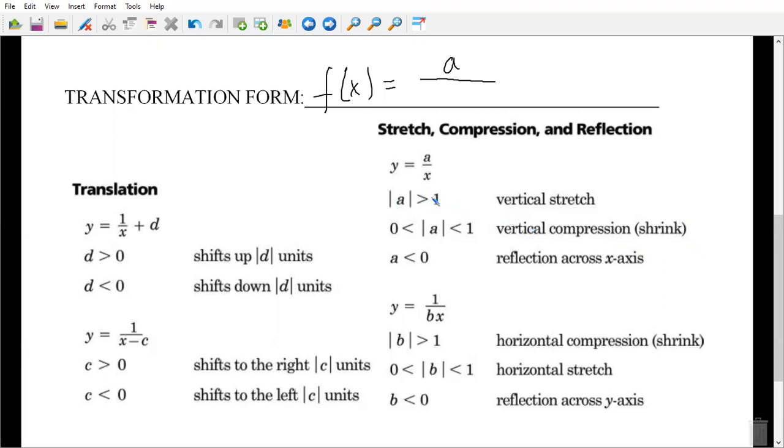If the absolute value of a is greater than 1, it's a vertical stretch. If the absolute value of a is between 0 and 1, it's a vertical compression. And if a itself is less than 0, then it's a reflection across the x-axis.